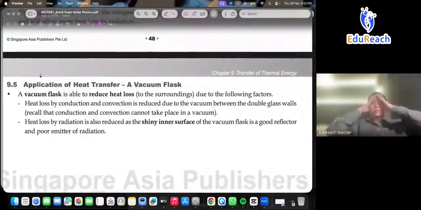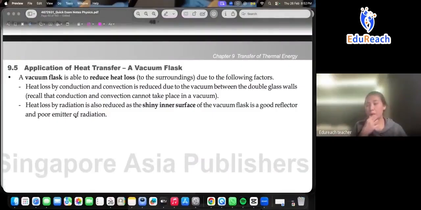So for this chapter, either they test you on the different factors that will affect the rate of conduction, convection, or radiation, or they might ask you to explain how a certain object works in terms of either heating up something very quickly or preventing and reducing heat loss.